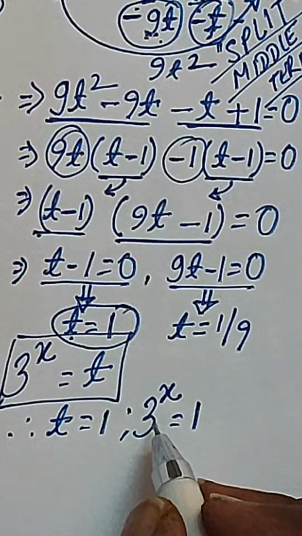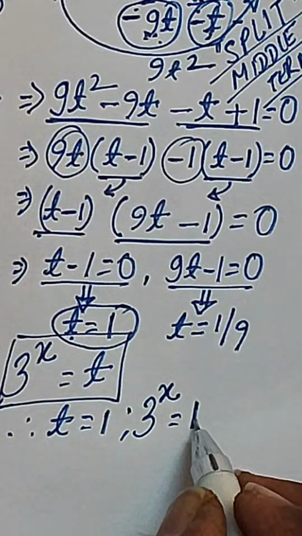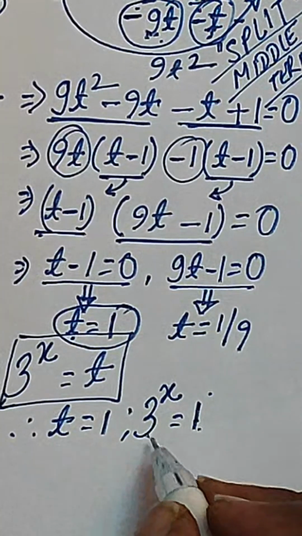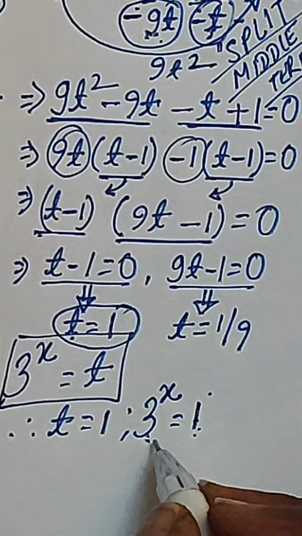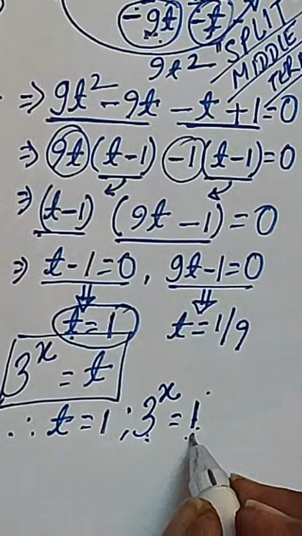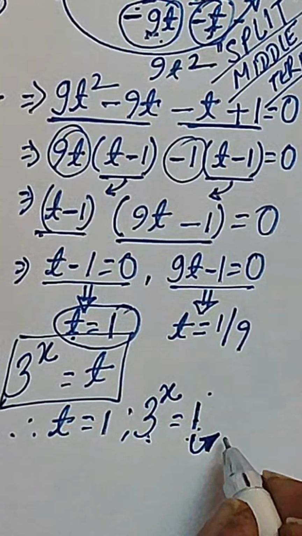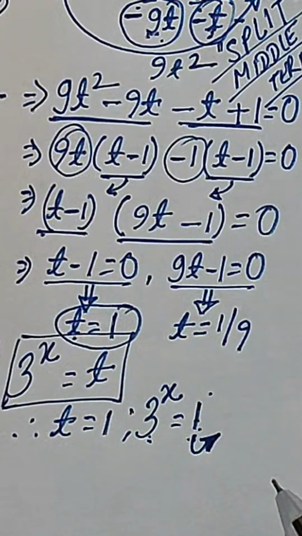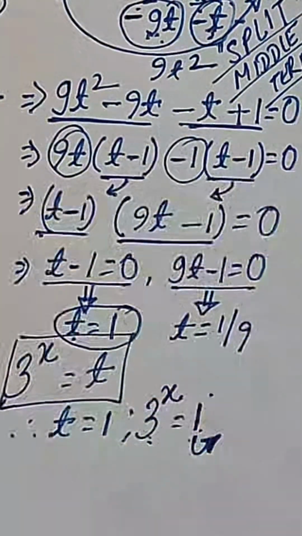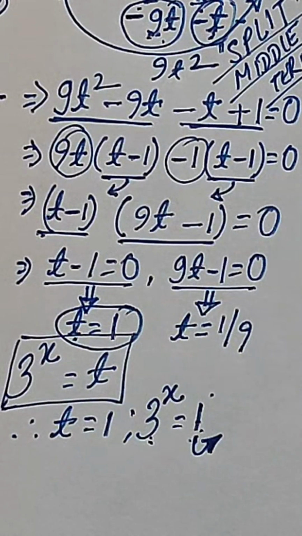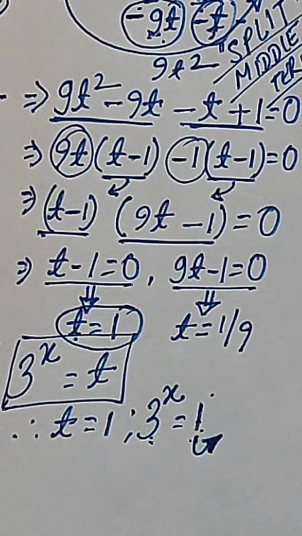So how can 1 be written in the form of 3, so that the bases will be the same? Anything power 0 will be, tell me, 1, exactly.